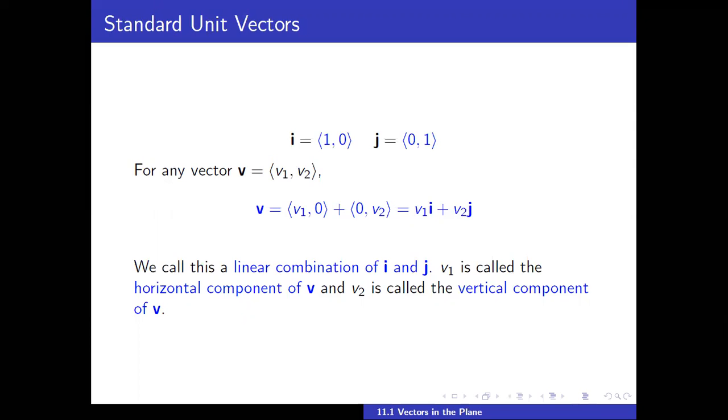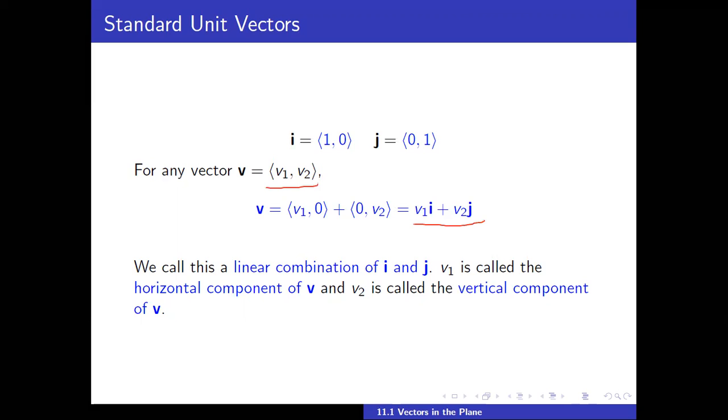I being 1 unit of movement in the horizontal direction and none in the vertical direction, and J is 1 unit of movement in the vertical direction only, okay? And you can write any vector, you can convert it from its component form to its linear combination of IJ form. Sometimes you just call that the IJ form of the vector, okay?